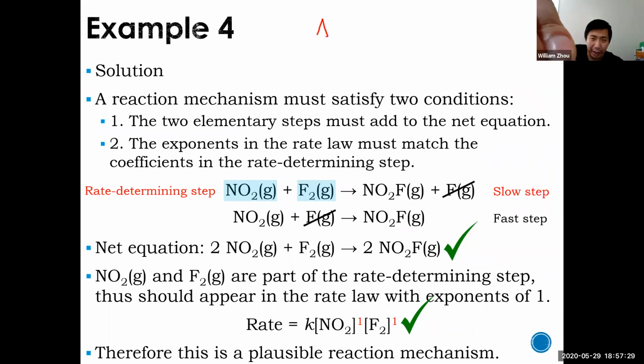Let's say you have A plus B, you get C plus D. And then you take D plus E, you get B plus F. So let me ask you, what is the reaction intermediate?